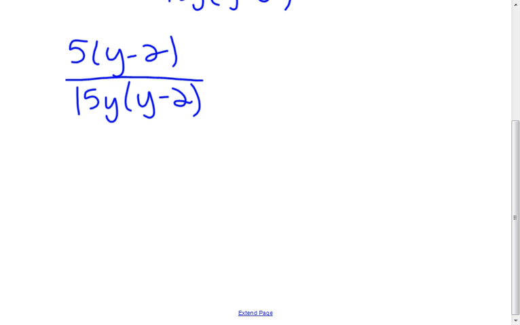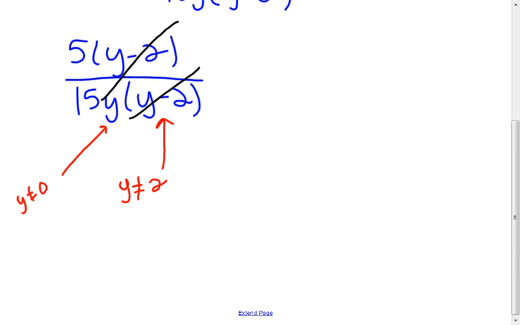Okay? Now, pay attention to your denominators at this point. Right here, y can't be 0, because that would make that be 0. And then if you take this quantity right here, y can't be positive 2, because 2 minus 2 would make that be 0, and that's not going to work. Okay? So this will cancel with this. And then, of course, the 5 becomes a 1, and the 15 becomes a 3.